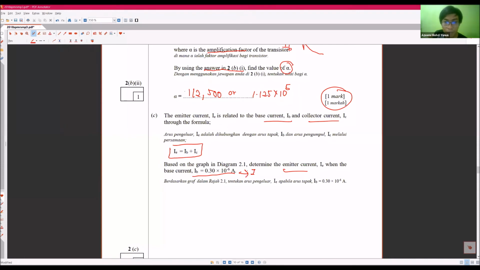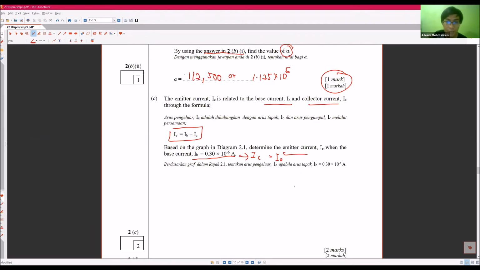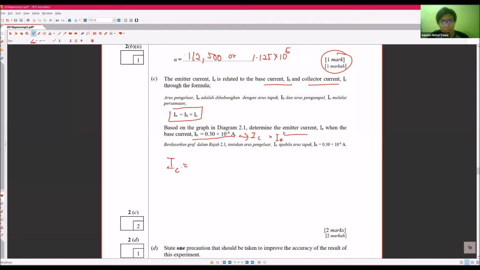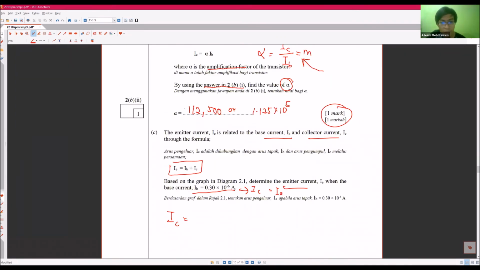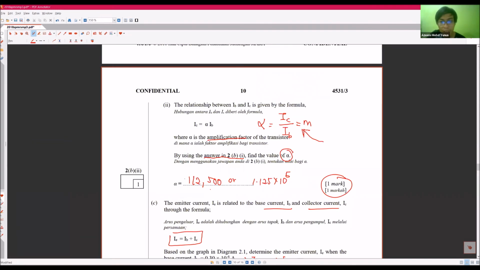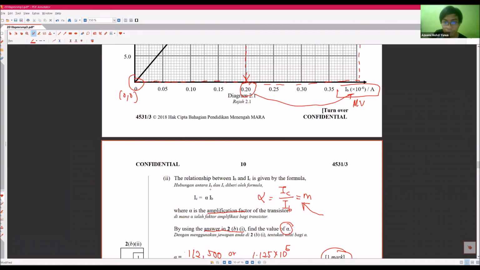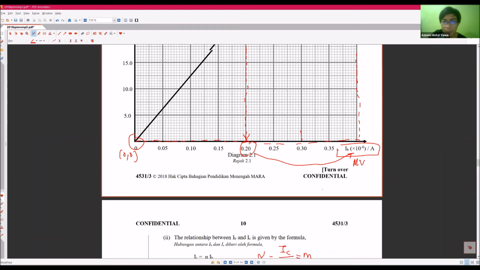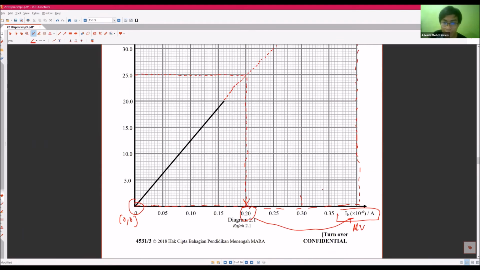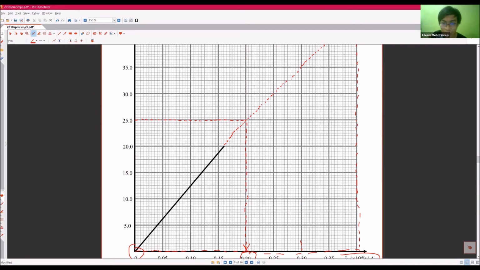And then with both of these values, we will get IE. So let's find IC first. This should be simple interpolation. So remember 0.30 times 10 to the power of negative 6 here. So let's interpolate that. Glad that we extrapolated it long enough, so we don't need to do extra work.